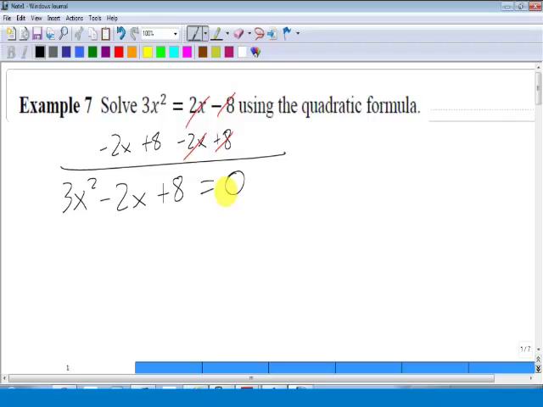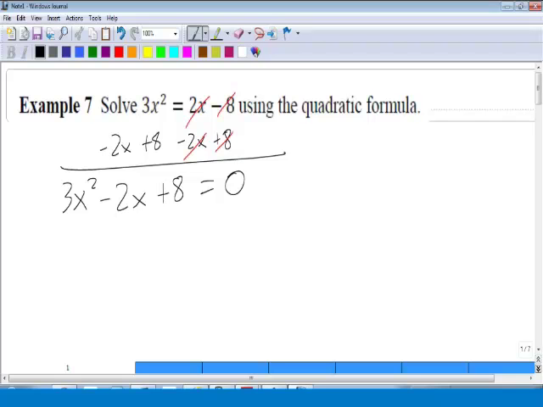Now we want to use the quadratic formula here because it says so. We might want to ask ourselves, could we solve by factoring if we wanted to? A quick glance reveals otherwise. 3 times 8 is 24 if I'm using the AC method. Can I think of a couple of integers that multiply to 24 and add to negative 2?